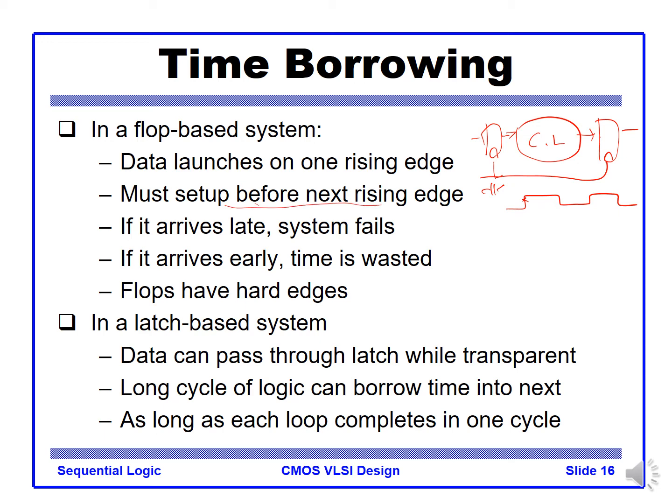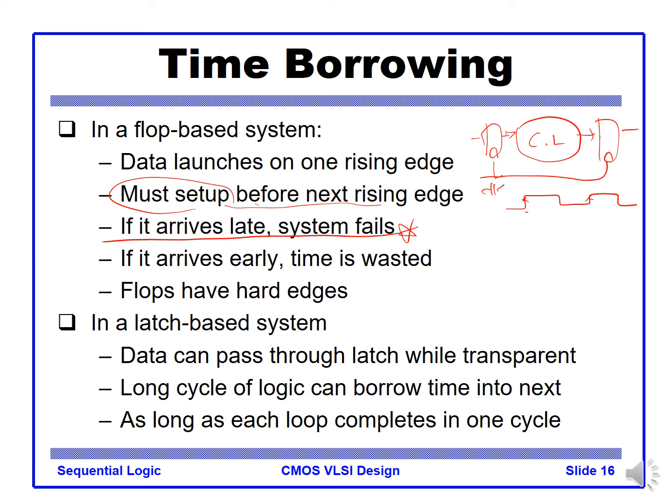That is defined by the setup time. So input data must set up before the next rising edge. If that data comes later than the rising edge, then it fails. This is very important.